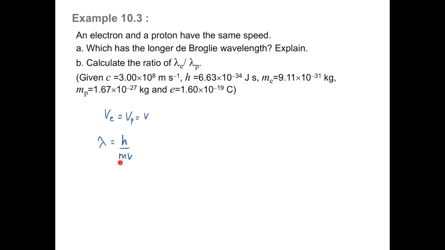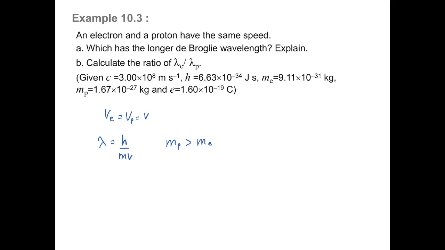So what we have to do is compare the mass of electron and the mass of proton. We have the values here, and if we compare them, we can see that the mass of proton is more than the mass of the electron. So electron is lighter.